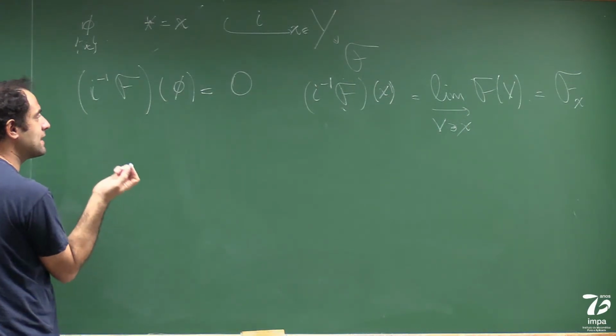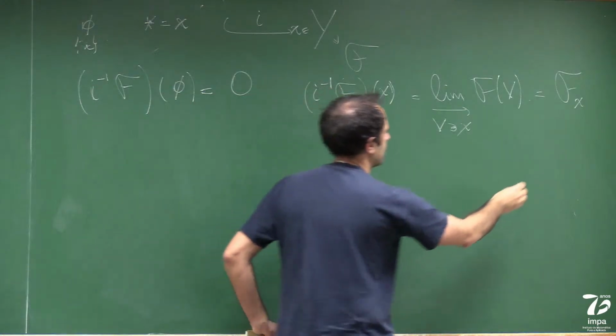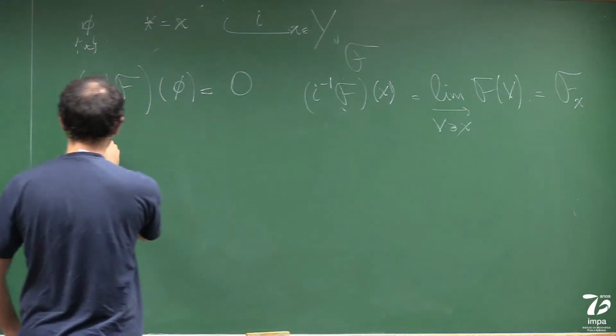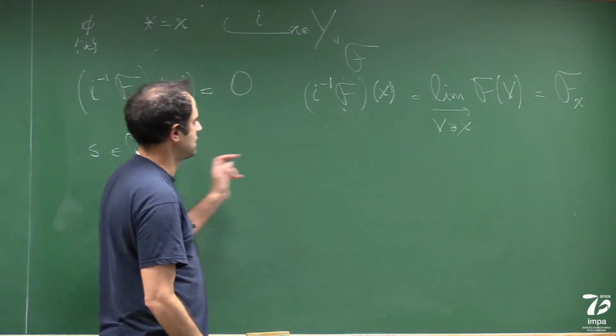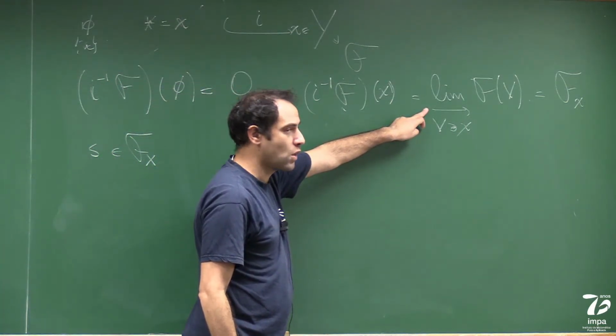So what is an element here? An element S in F sub X, by definition, is an element of this colimit.